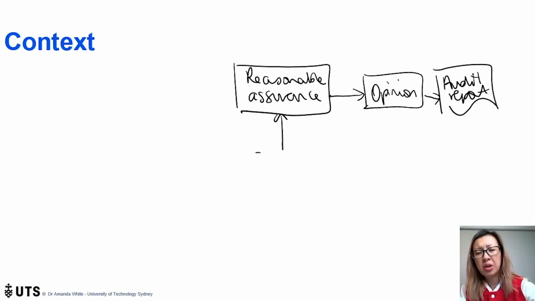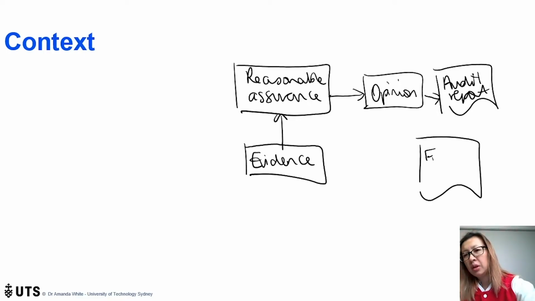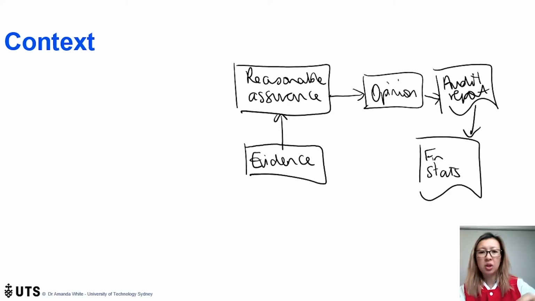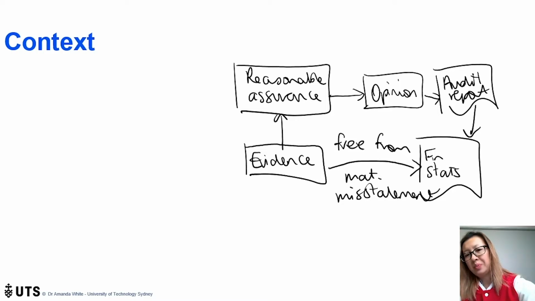Well, we know that we're going to need audit evidence. We're going to need evidence that the financial statements, which are down here, the FinStats, which is what the audit report is about, are free from material misstatement. And we know what materiality is as well.